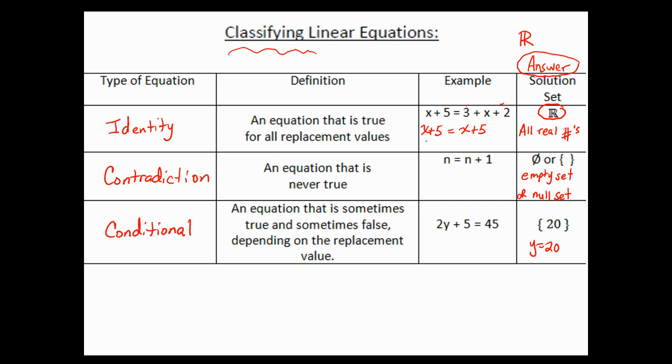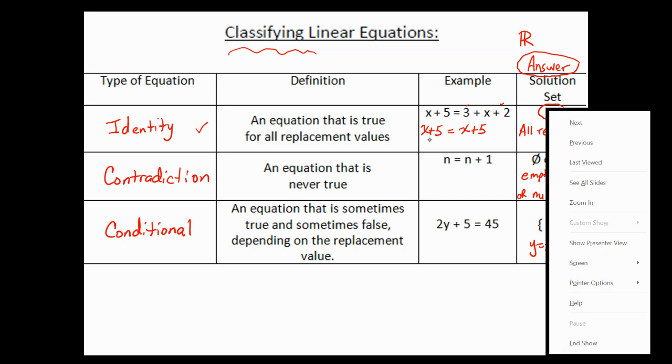If x is equal to 10, this would say 10 plus 5 is equal to 10 plus 5. That's an identity. Any number I pick, maybe instead of 10, I choose 20. If x is 20, this would be 20 plus 5 is equal to 20 plus 5. 25 equals 25. So there isn't just one answer. There's a multitude of answers. So that's why it's called an identity.